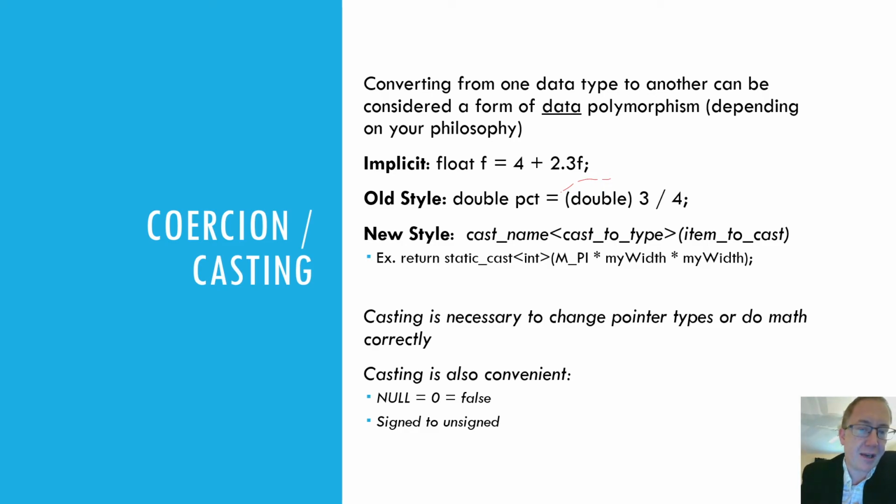I'm not going to pick on new versus old versions of casting. It's really good to learn the new versions of casting, but I'm by no means an expert. They invented it after I was working in industry, so it slips my mind from time to time. The new way of doing it is to say what kind of cast you're doing, like a static cast. This would be a static cast to what it's going to.